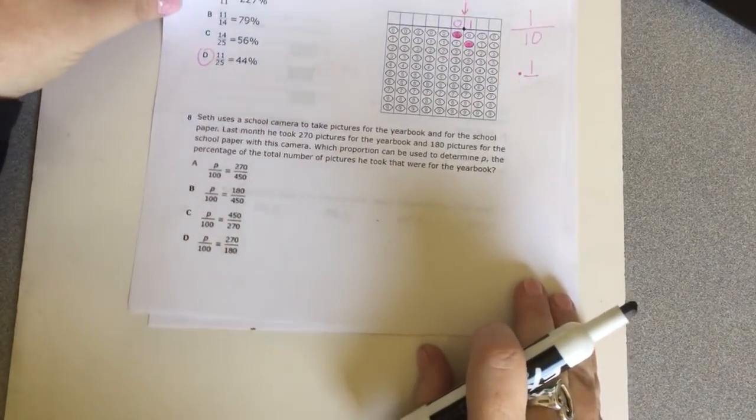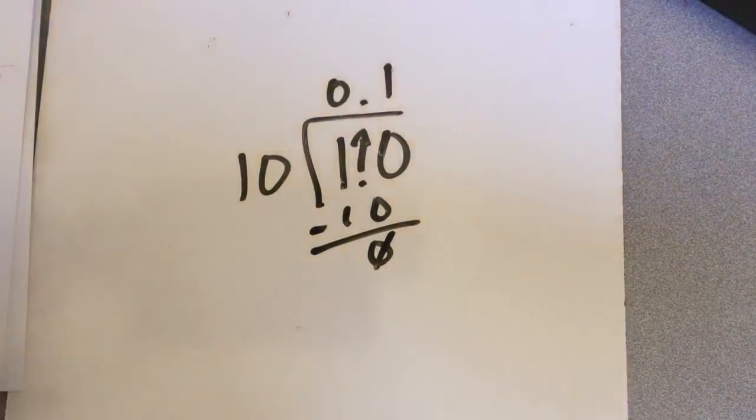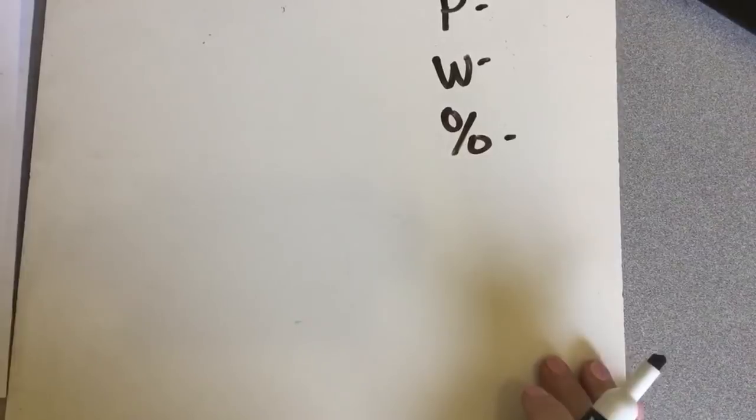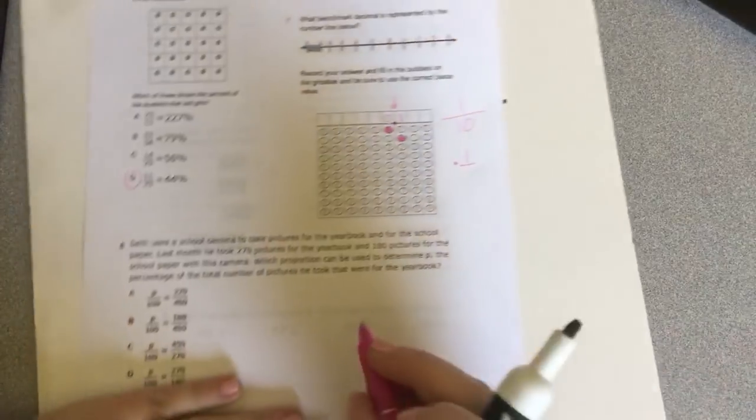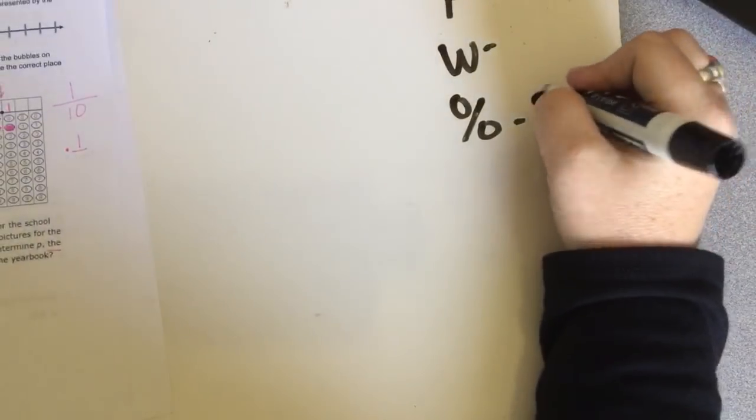So first thing we need to do is write our part, our whole, and our percent. So when we set this up, just like I did a second ago, my part, my whole, my percent. The question is asking, they want to know what the percentage is. So I don't know my percentage.